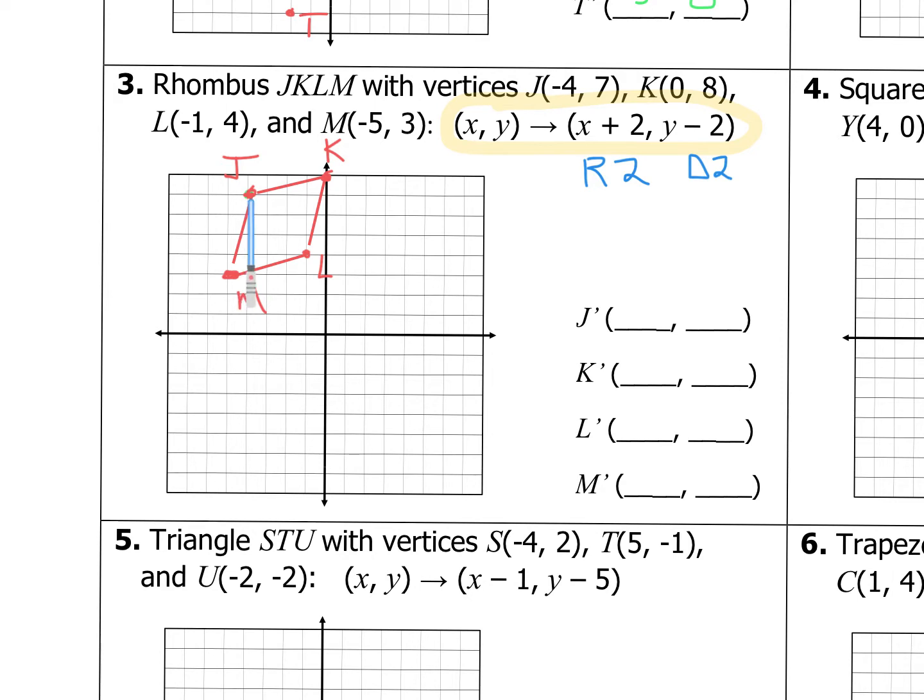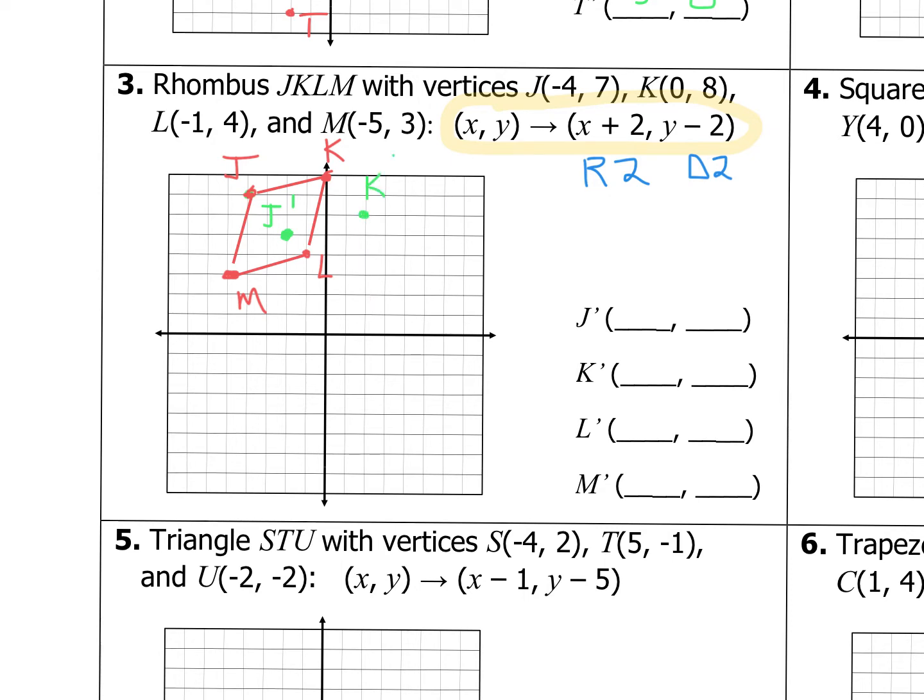So for J, right 2, down 2, plot a point. And so that's going to be our J prime. And then for K, we're going to go right 2, down 2, plot a point.